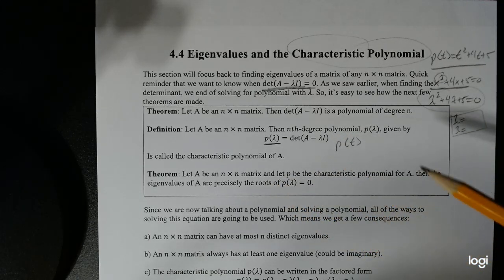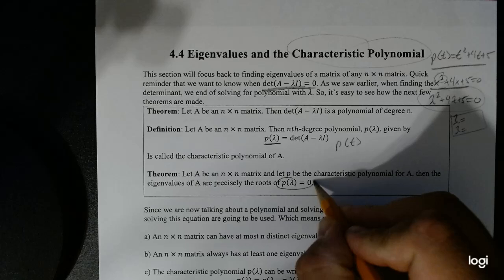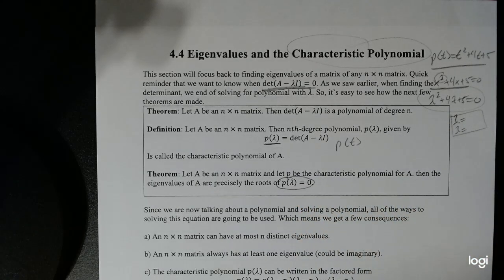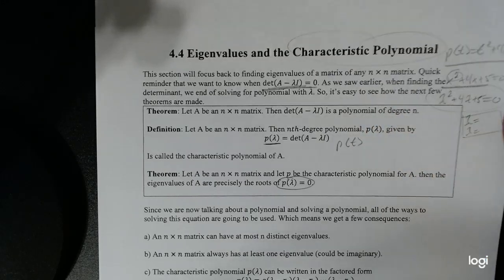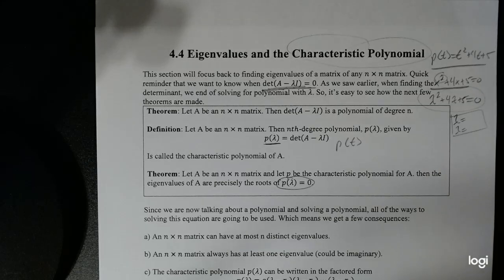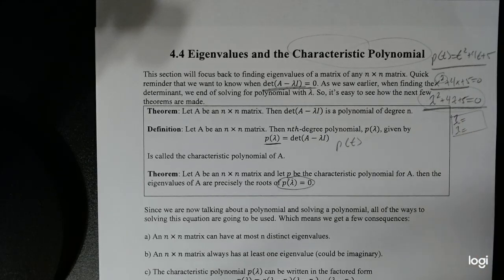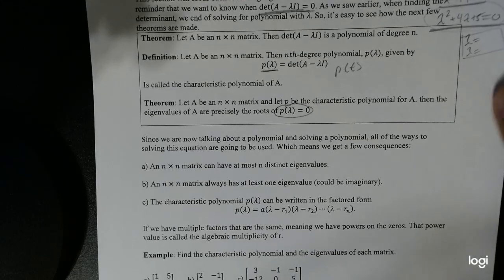Let A be an n by n matrix, and P is the characteristic polynomial for A. Therefore, the roots of this are the values that make it equal to 0. Right? So these are the actual eigenvalues themselves. So it's something we've already talked about. Just now they get an actual definition and a name for it. So when I'm asked for the characteristic polynomial, it's basically saying that right there, or the determinant itself. Okay?